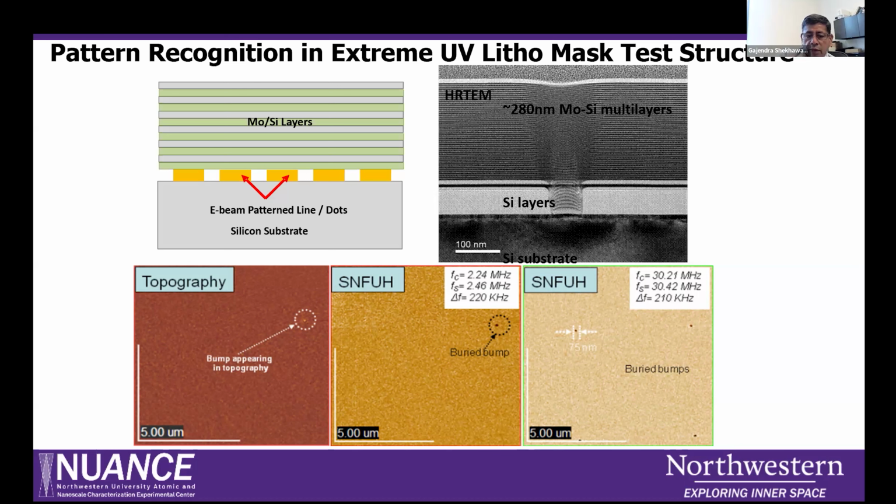If you see on the left side, the typical topography structures, when you get a holography image, you also get the topography. Then we use specific acoustic transducers that can generate around a couple of megahertz oscillations, and you can still see the same bump that appeared in the topography. So this is not considered subsurface, but still a mechanical contrast from the topographic variation.